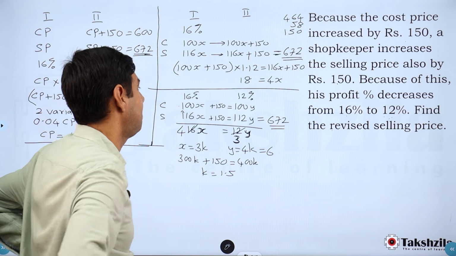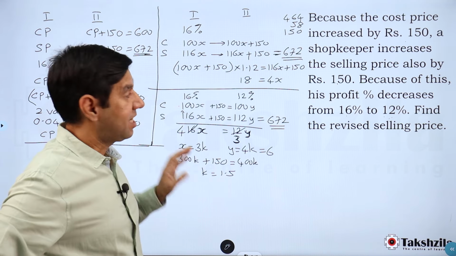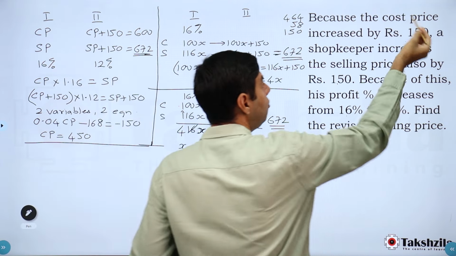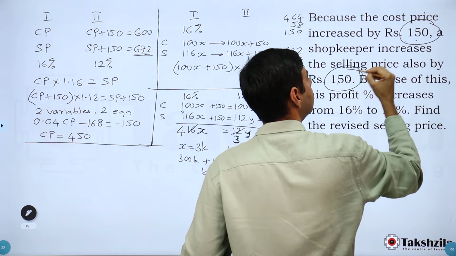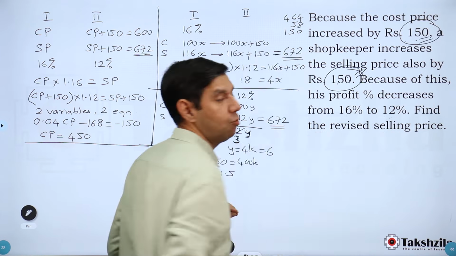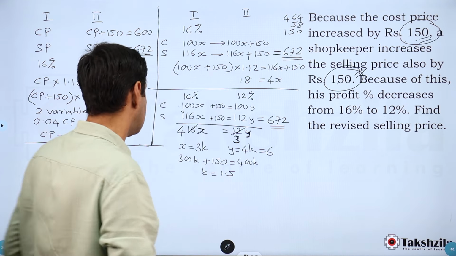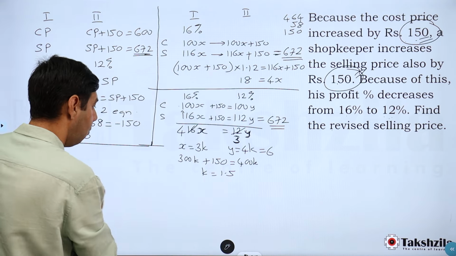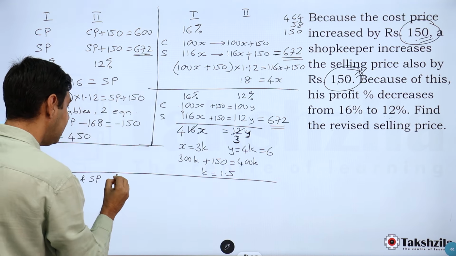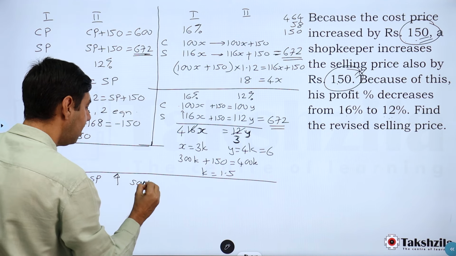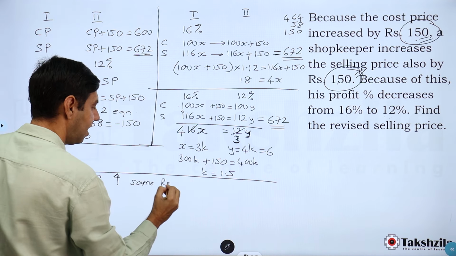And here it comes. So the expert way of solving comes when you observe that both these numbers are same. Both are same, 150 and 150. So what happens when both the cost price and the selling price increase by the same rupees?